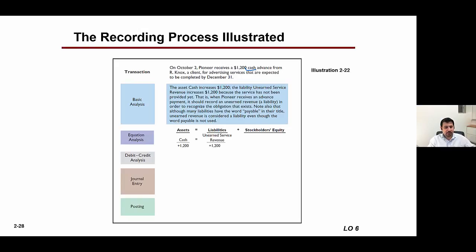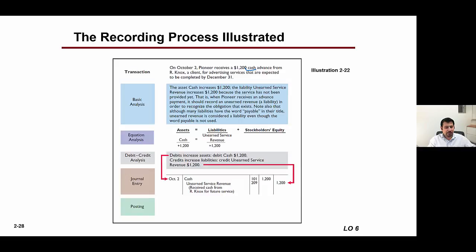Now, assets. We know that debits increase assets. So we debit cash $1,200, and credits increase liabilities. So we credit unearned service revenue $1,200. Again, in this case, we have debited cash $1,200 and credited unearned service revenue $1,200.